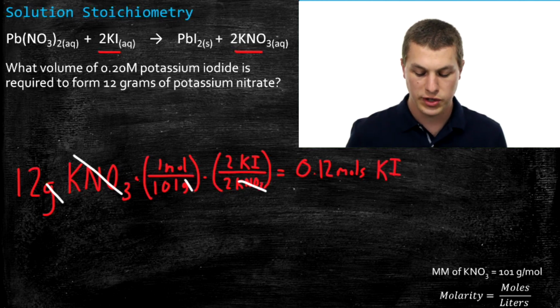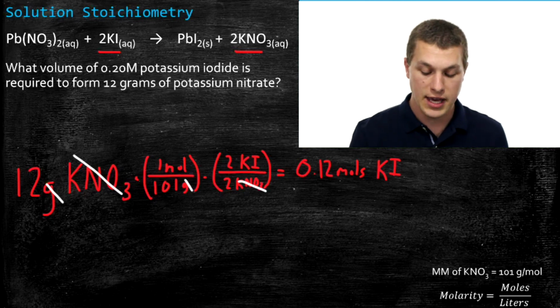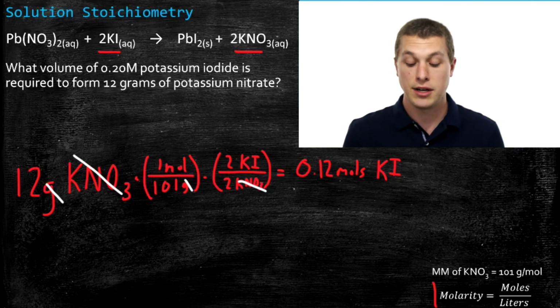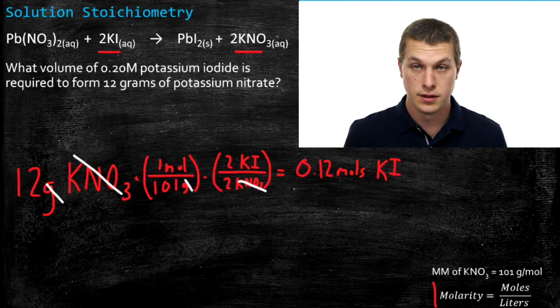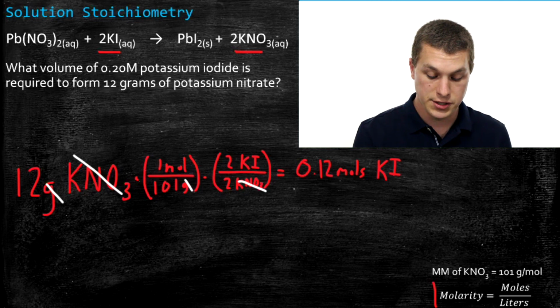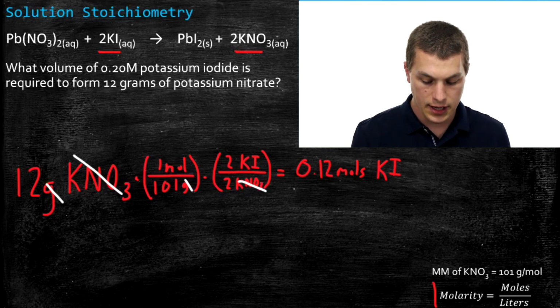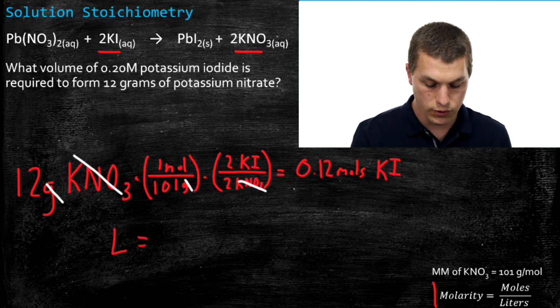So that's just a normal stoichiometry so far. And all we're going to do at the end is add a step where we once again use our molarity equation down here. And this equation tells us that molarity is equal to moles over liters. So if we rearrange that equation to solve for what the question is asking for, which is our volume, then what we'll actually get is volume, or our liters, is equal to our moles over our molarity.